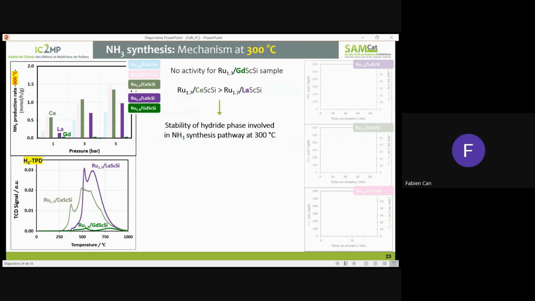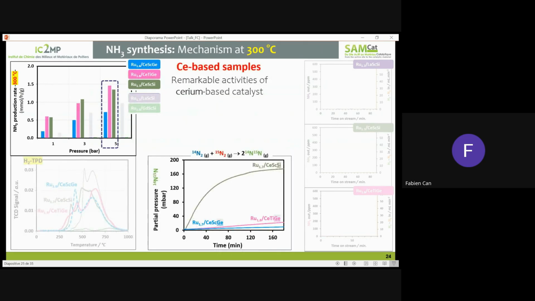Now we will discuss the results concerning the cerium-based catalyst. We have the substitution of scandium by titanium, this is the blue to pink, and the substitution of silicium by germanium as the P block element.